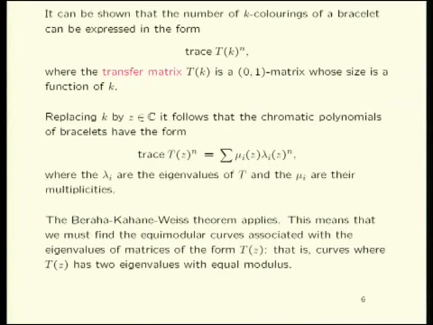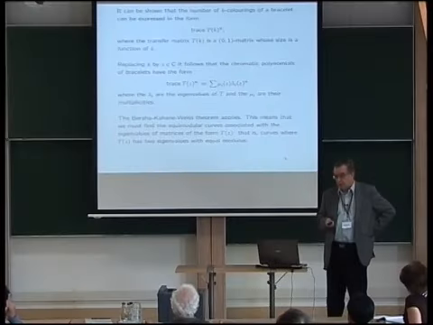And replacing k by complex variable z, because everything there as it stands was a polynomial, we get the formula of the form that's required for the Beraha-Kahane-Weiss theorem. And so we're looking for places where the matrix T, which I've written as depending upon z there, it depends upon k actually, k the number of colors initially, where these matrices have two eigenvalues with equal modulus.